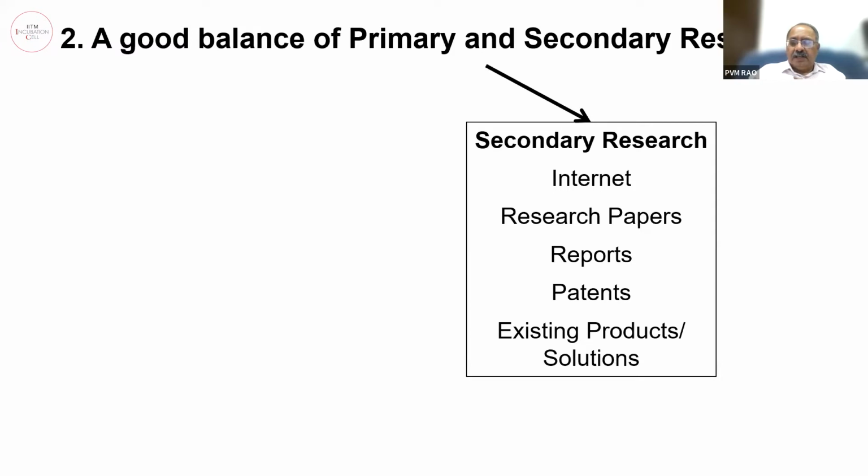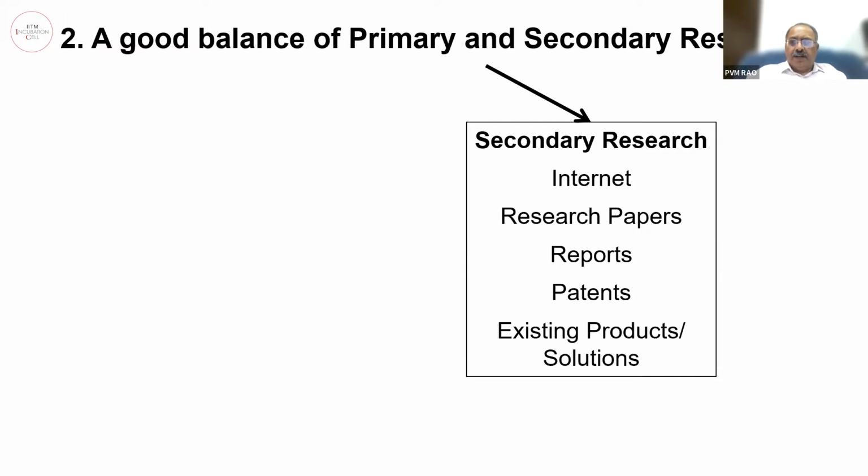This type of research is very common among any new product developer taking up an innovation or an entrepreneurial pursuit. It is also very common among engineering graduates because we are trained to do a literature review, which is primarily secondary research.